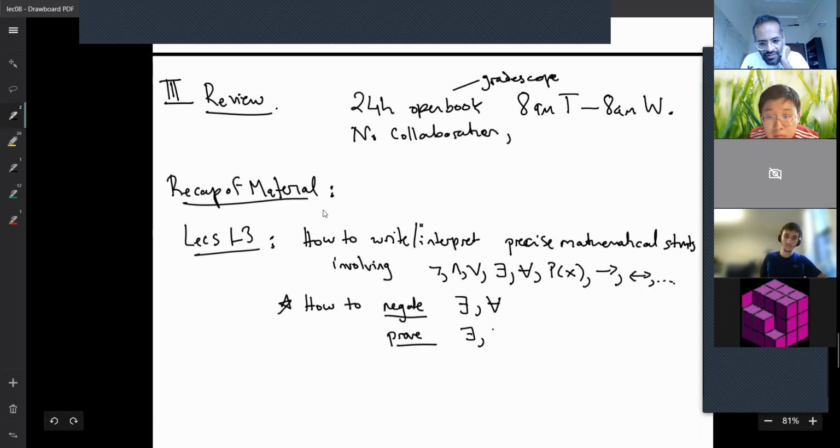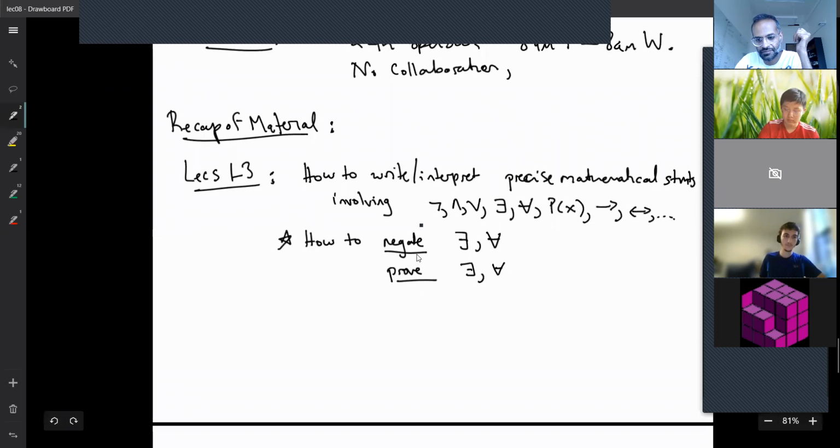So what's the structure of a proof of a statement which has one of these quantifiers. And you should also know how to use a statement which has one of these quantifiers.